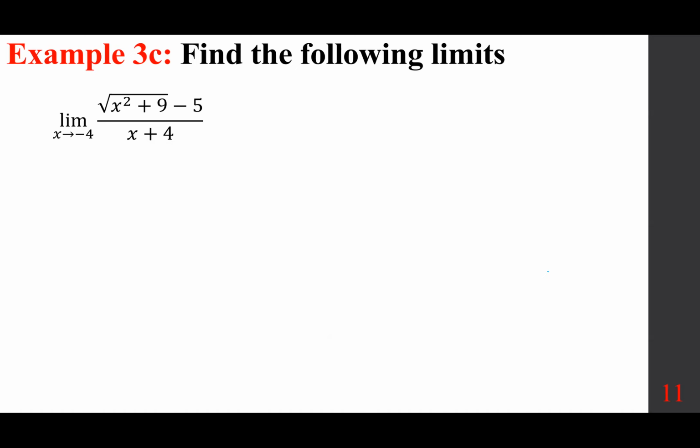Anyone? If we plug in, what do you think we get? We get 0 over 0. The technique is like the previous one. Multiply and divide by the conjugate, which means this changes to plus.